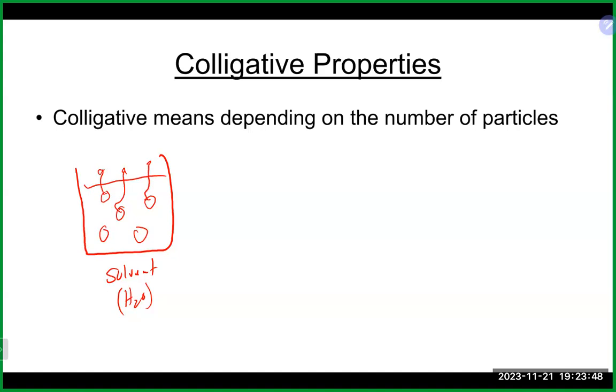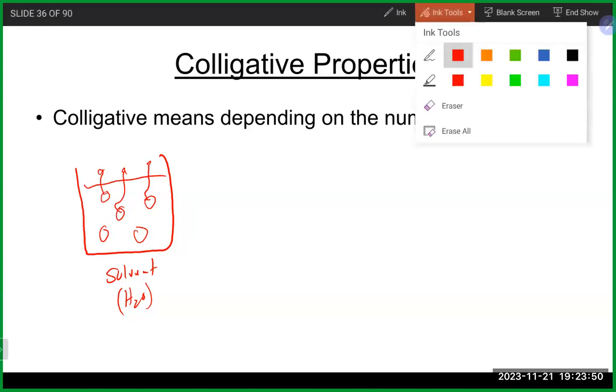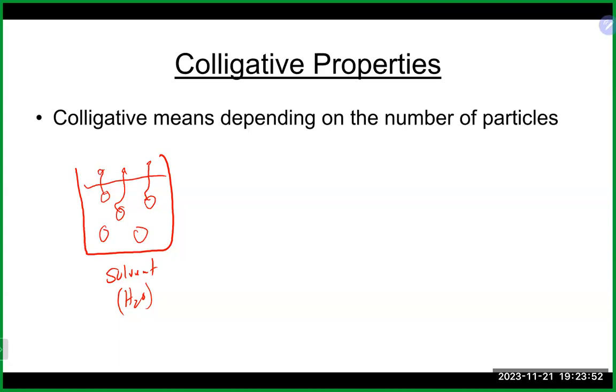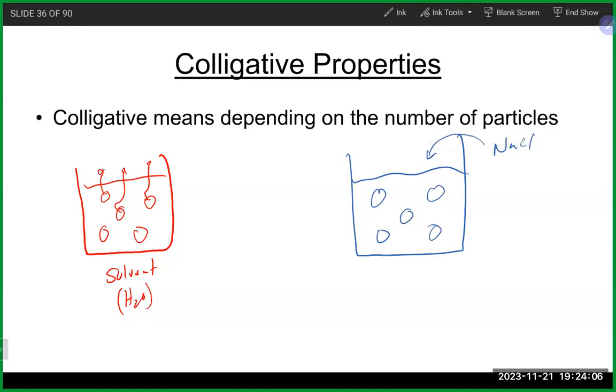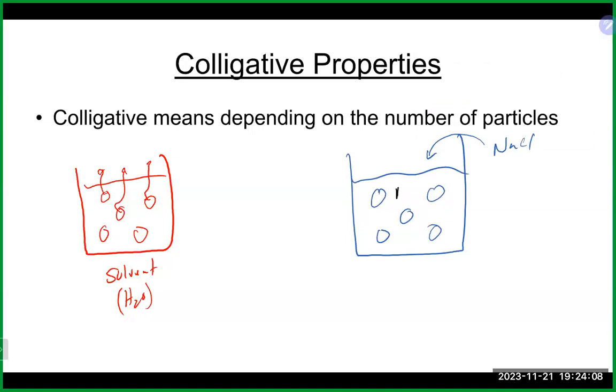Now, if you take water and you dissolve, say, some sodium chloride in there, so you put some sodium chloride into here. In addition to your water molecules, you also will now have some sodium ions and chloride ions floating around in there.